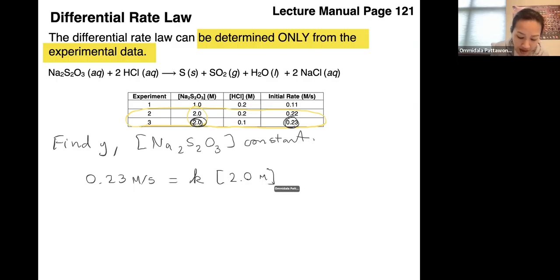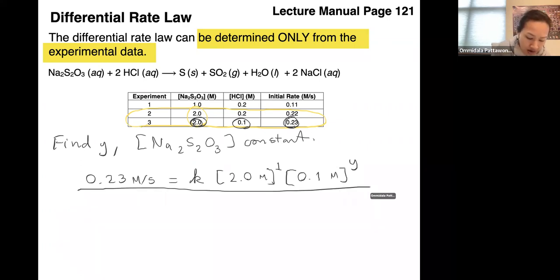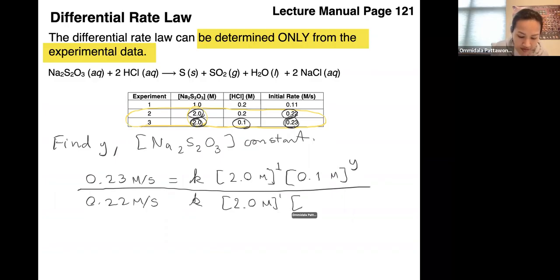You can plug in x as well, which is 1 because we already know x, and then multiply by the concentration of hydrochloric acid, which is 0.1 molar to the y. You divide this whole thing by the rate of experiment 2, which is 0.22 molar per second, k is the constant, divided by the concentration of sodium thiosulfate from experiment 2, divided by the concentration of hydrochloric acid from experiment 2.